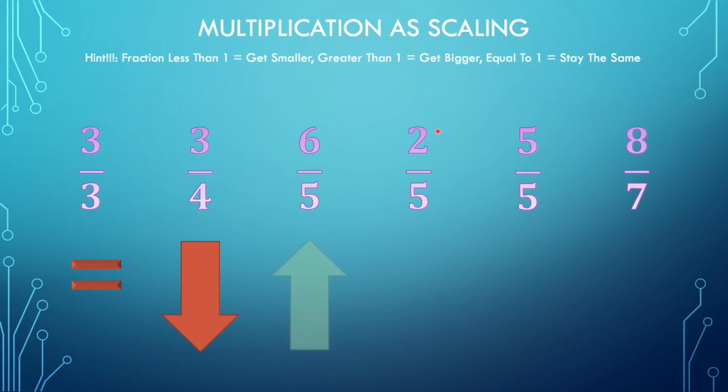We are going to get bigger. 2/5 is smaller than 1, so we are going to get smaller. 5/5 is equal to 1, so we are going to stay the same. And our last fraction here, 8/7, is larger than 1, so we are going to get bigger.